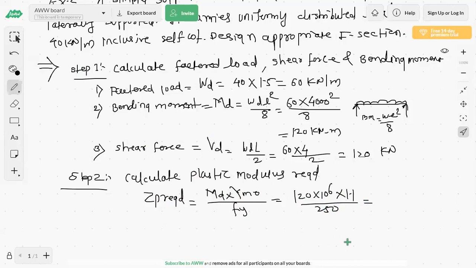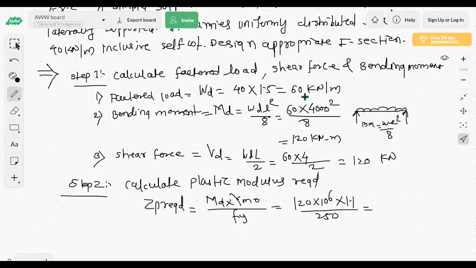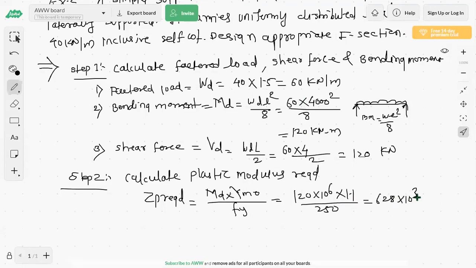So how much is ZP required? 628 into 10 raised to 3 mm cube.